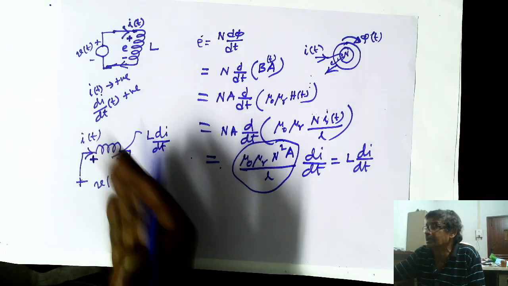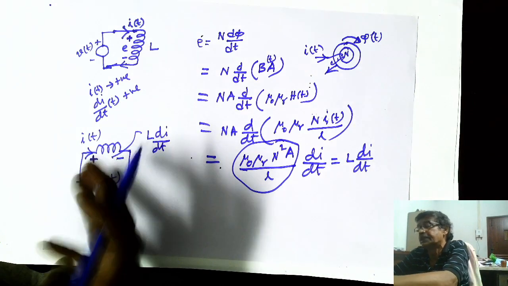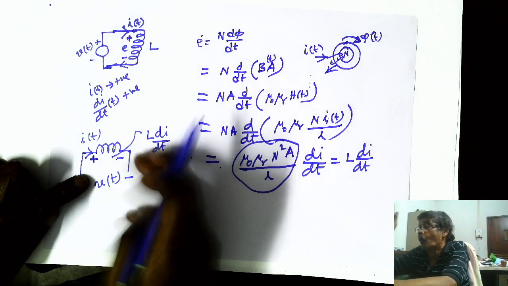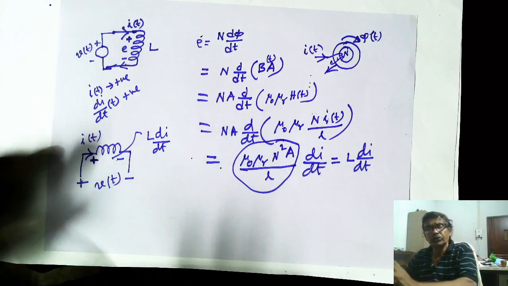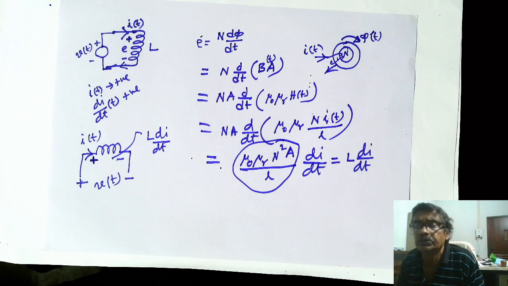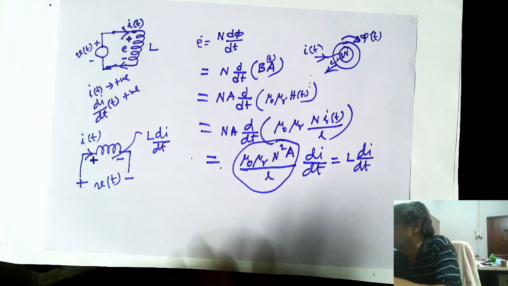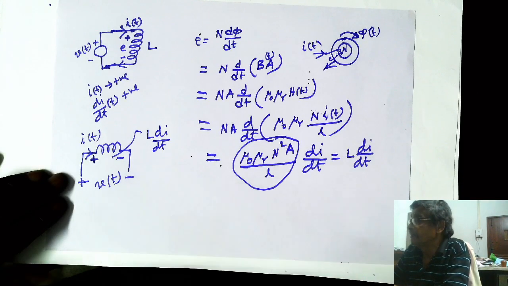In that expression, if di/dt becomes negative, then for this voltage with this side plus and this side minus, a negative number comes. Oh, actually the induced voltage is plus minus the other way. So the equation will take care of that. You don't worry too much about this. So this is the voltage current relationship of an inductor.